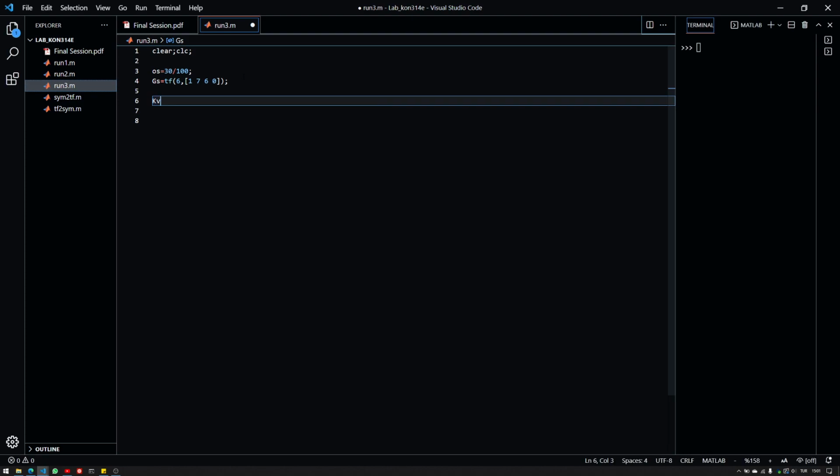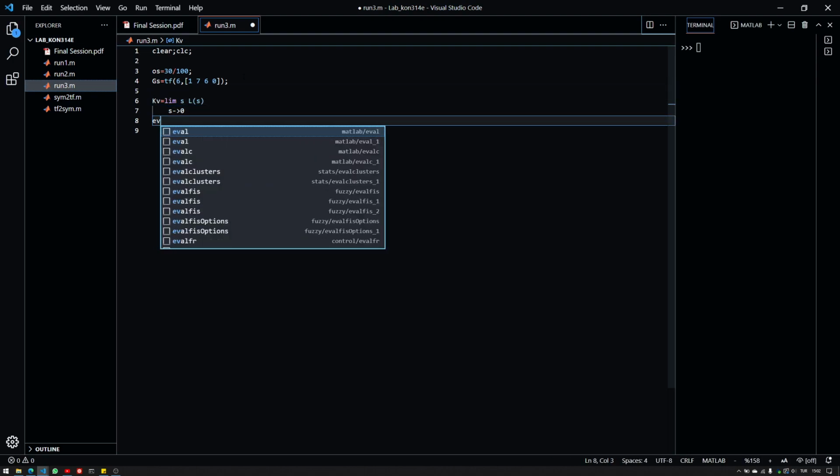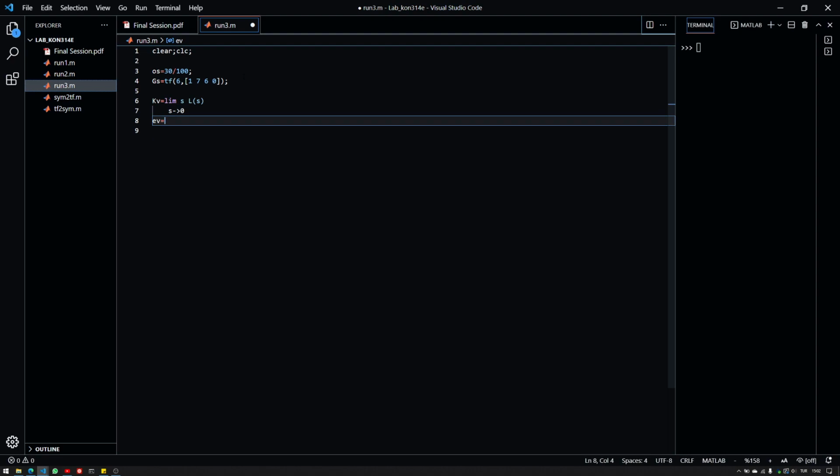The formal definition is the limit as s tends to 0 of s times the loop transfer function. This should give us kV, the velocity constant, and the steady state error for ramp type inputs is related inversely to kV. This is the definition.